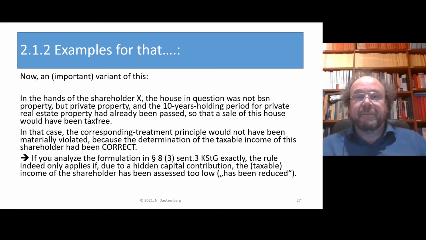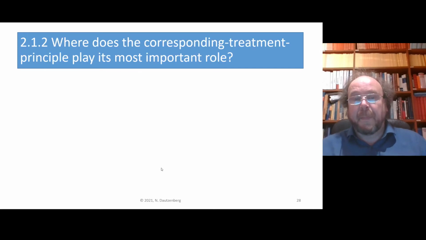Literally, it has if the income of the shareholder has been reduced by the capital contribution, and in case of our private property which we sold, the price which was too low did not reduce the taxable income of that shareholder in comparison to the correct treatment. So no reason to apply the corresponding treatment principle.